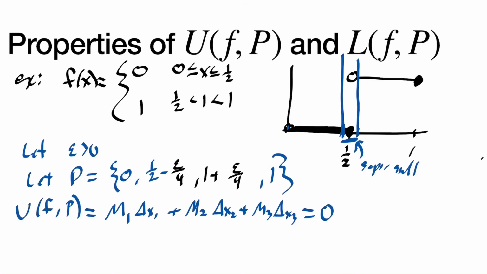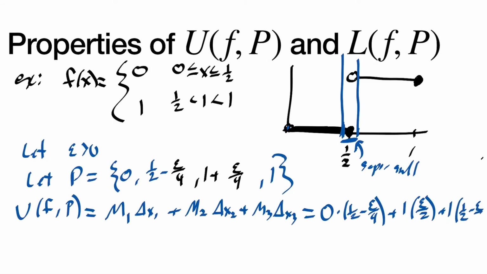Okay, so if I look at my first interval from x0 to x1, my maximum value is 0, and my delta x value is just 1/2 minus epsilon over 4. Plus, now if I look at this middle term, my maximum is actually 1, so it's 1 times epsilon over 2.